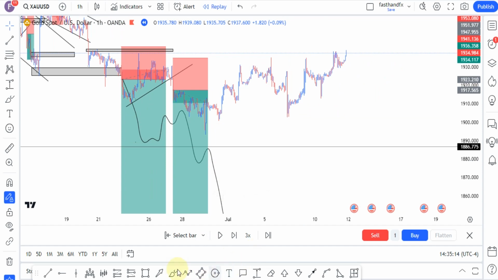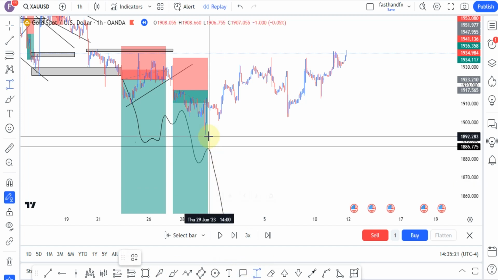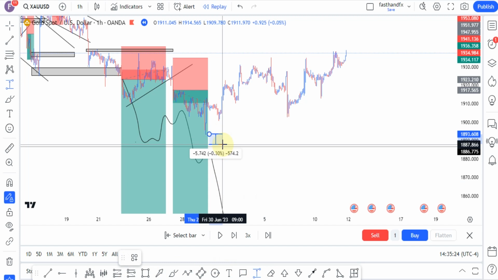Because if you look at this one, we missed take profit one by around 57 pips, guys. Actually 60 pips.